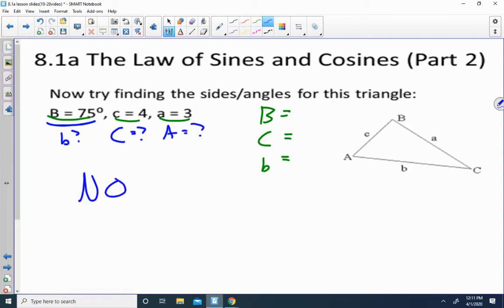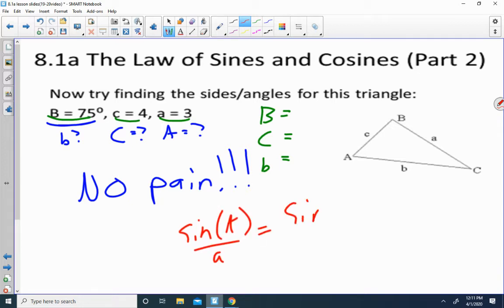Shoot, I don't have a pair. And if I don't have a pair, then sadly I cannot use the law of sines. I can't do sine of A over little a equals sine of big B over little b, etc., etc.